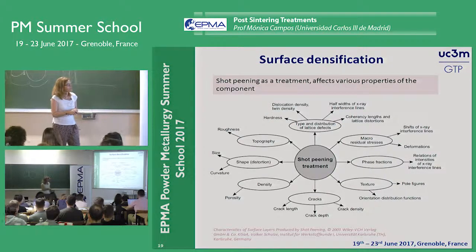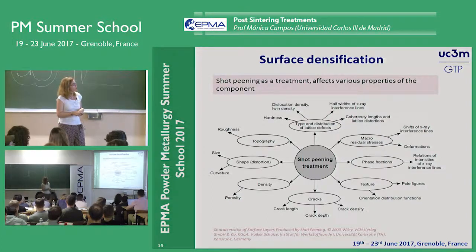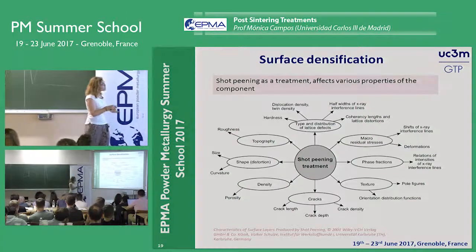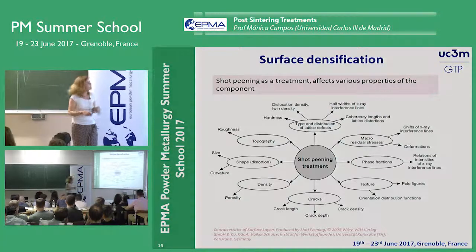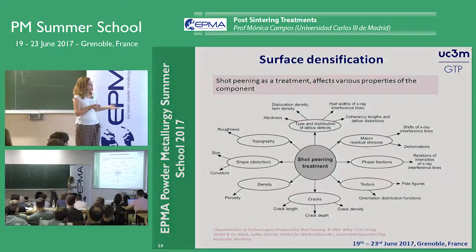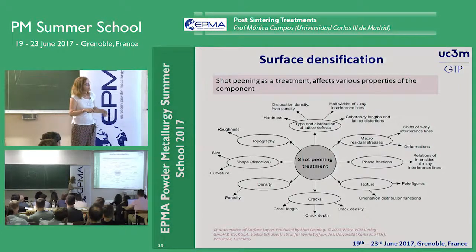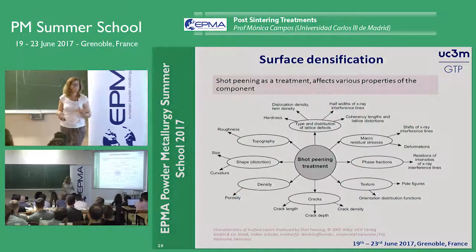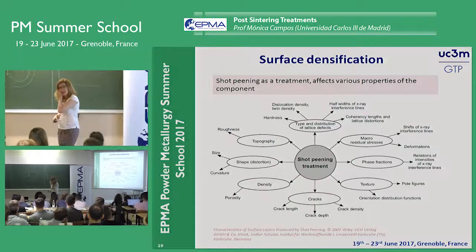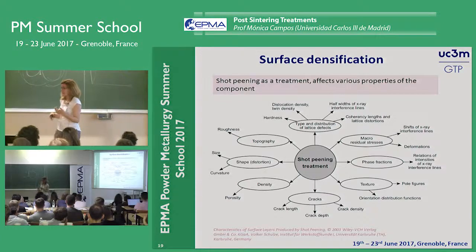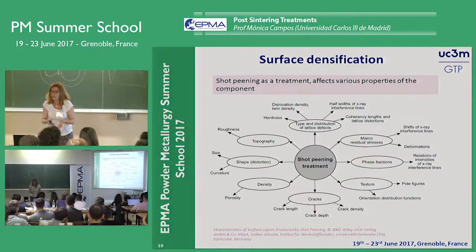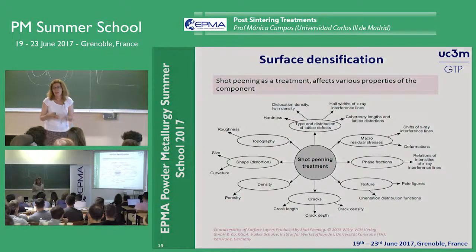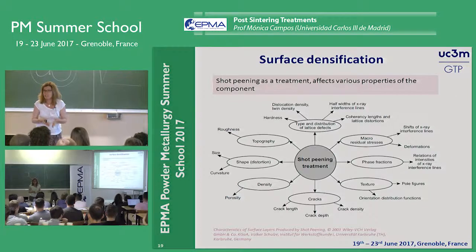Because shot peening affects many different properties of the component. Not only the density of the surface, but also the shape because of this distortion. How is the topography? Maybe we can induce, maybe not. For sure, we are going to induce some kind of texture and orientation of the different microstructure. And depending on composition, if our component is heavily shot peened, we can induce some transformation by plastic deformation.